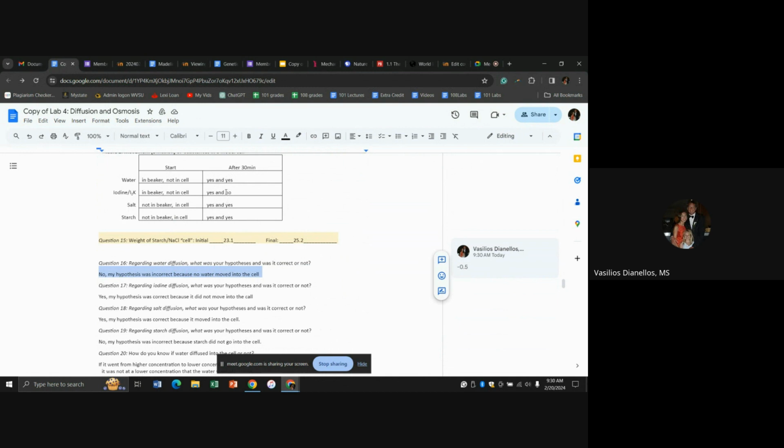So iodine didn't come into the cell. You're saying the only thing that came into the cell was water. And additionally, salt and starch left the cell, yet even though starch and salt left the cell, it still gained weight. Therefore, we have two reasons to understand that water did enter the cell, must have, based on your data. So I'll have to take -1 for that.